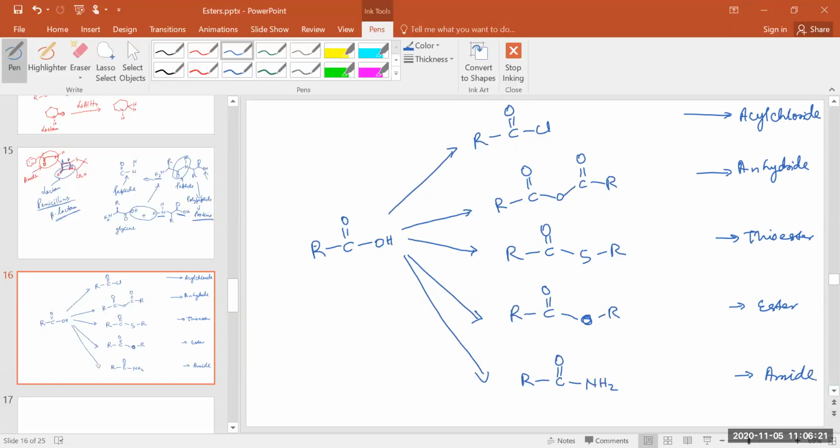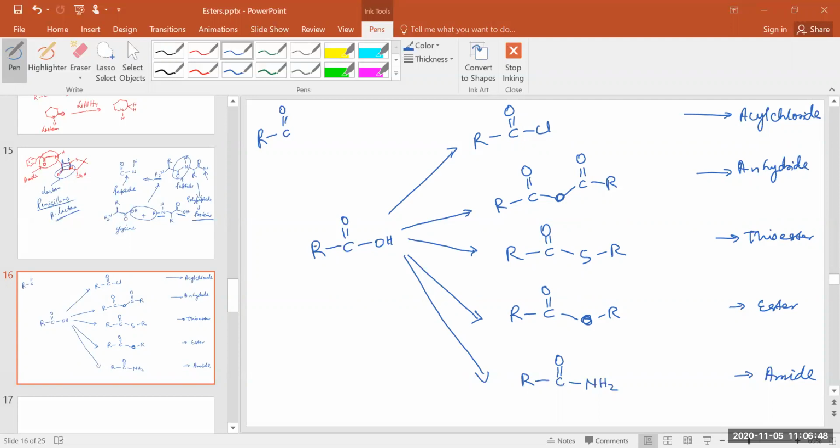So what is this one? The very first one, this acyl chloride, is the most reactive. Then comes anhydride, then the thioester, ester and amide. So what is this reactivity? All this reactivity is based on nucleophilic acyl substitution.